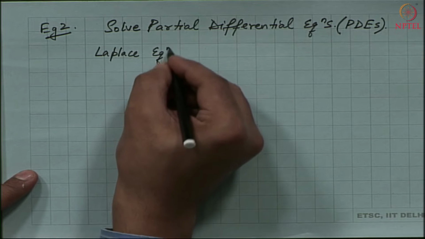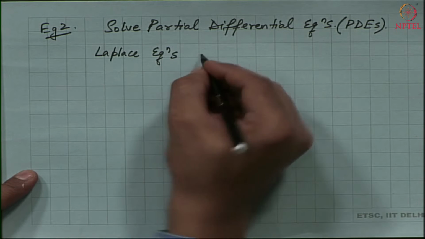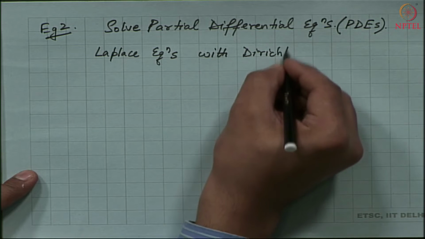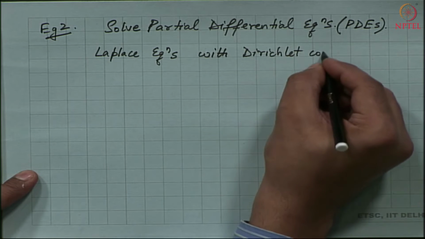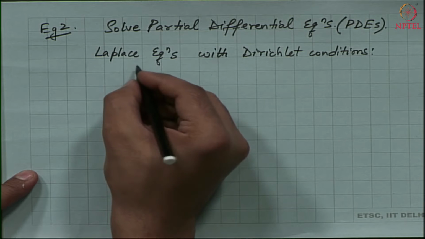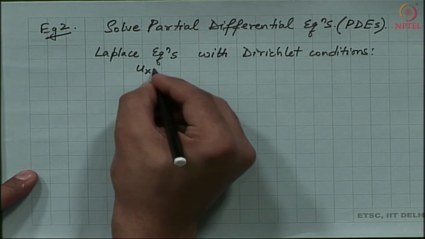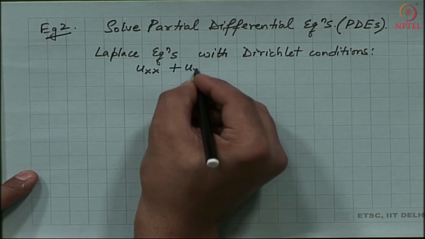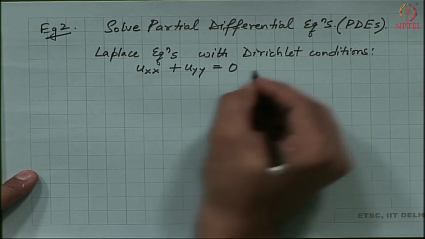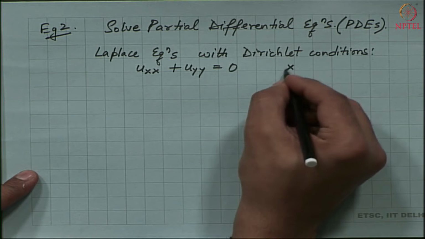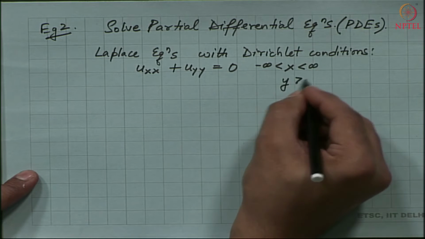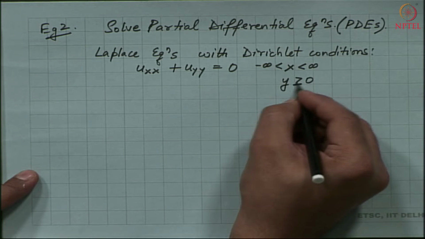So what is the Laplace equation? Laplace equation with Dirichlet condition. So I have the equation of this form: uxx plus uyy equals 0, where my x varies from negative infinity to infinity and my y is positive, including 0.